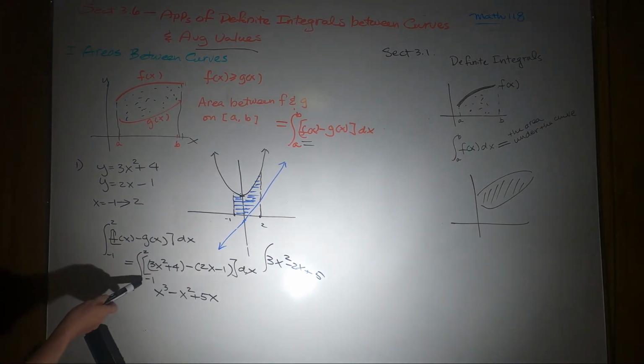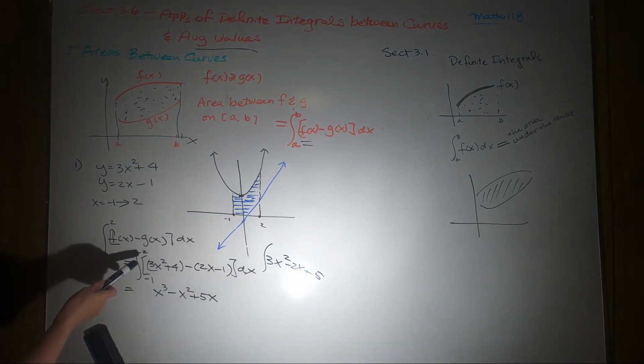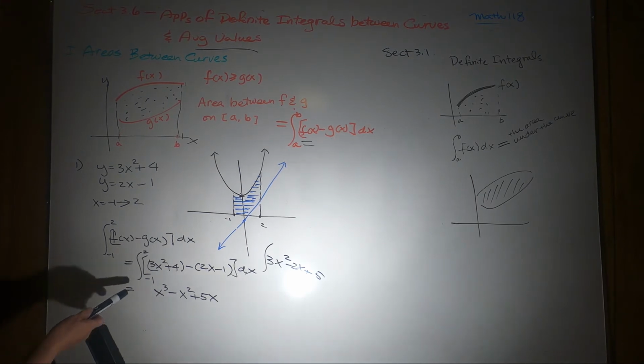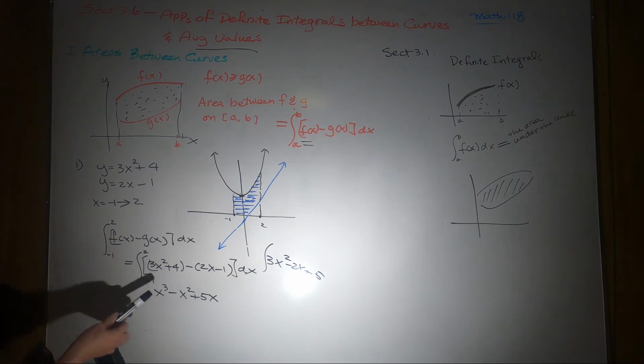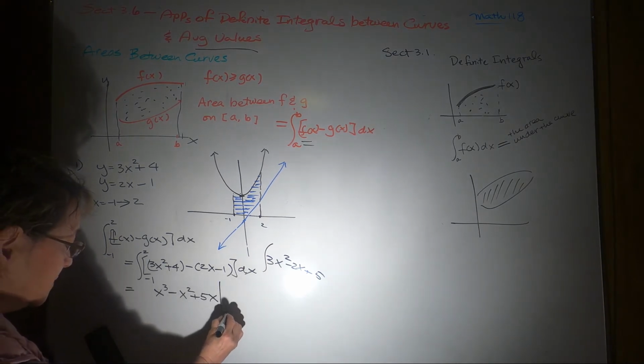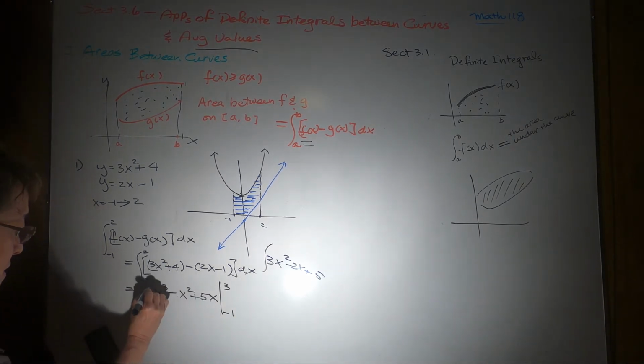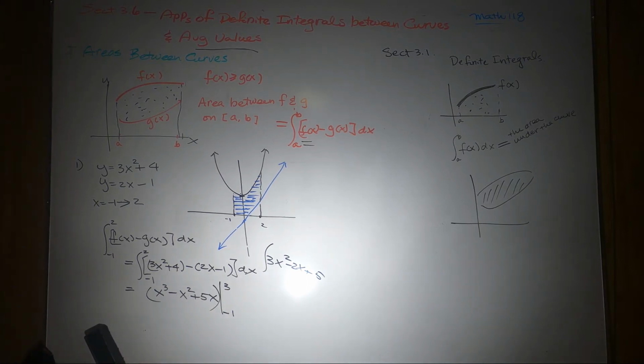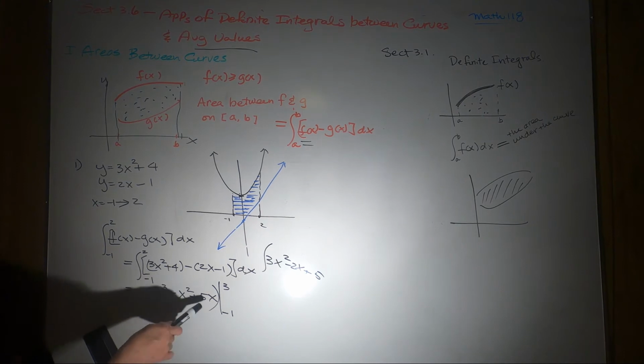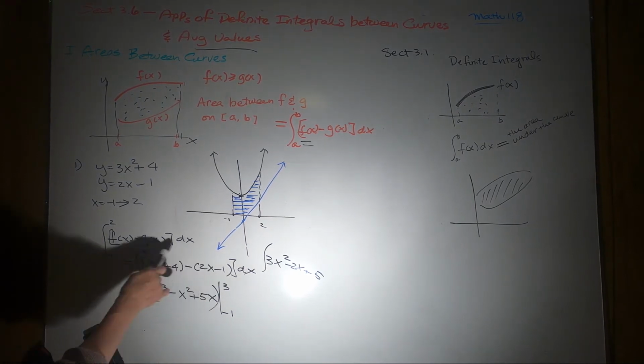But if it's a definite integral, what do we do? We use the fundamental theorem of calculus from your section 3.2. So from -1 to 2, you do it this way. Okay? Then how do we find the value of the integral?